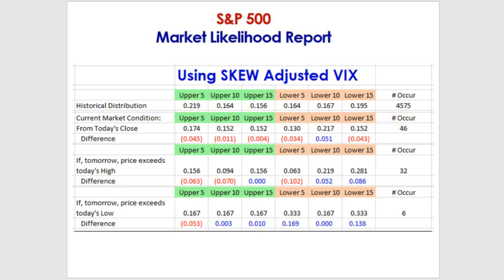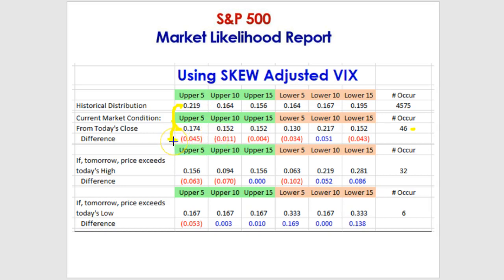All right, now let's go and look at those 45 times. Now 46 includes the most recent. But you can see that the upper 5-day band struck 17.4. That's less than 21.9. So, you know, it failed to hit that upper 5-day band as often as just the benchmark history. And it did the same for the upper 10 and the upper 15.